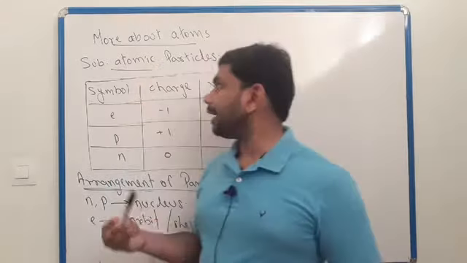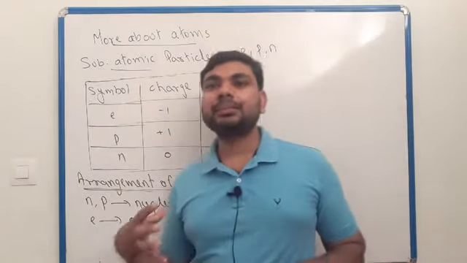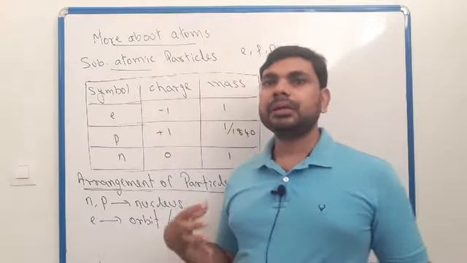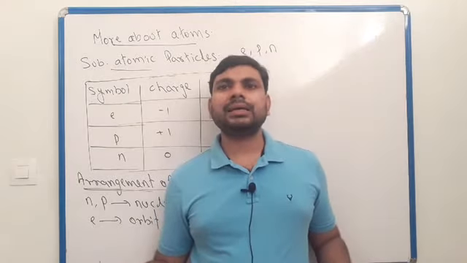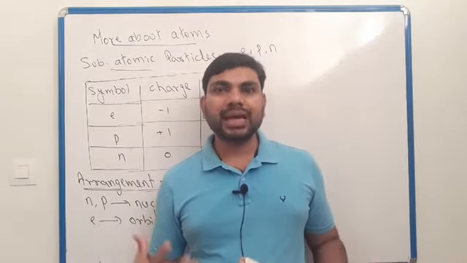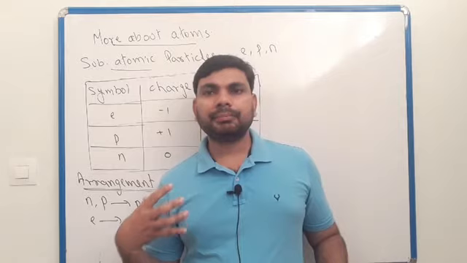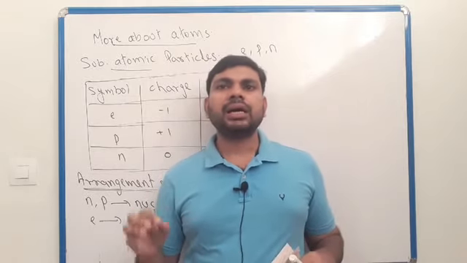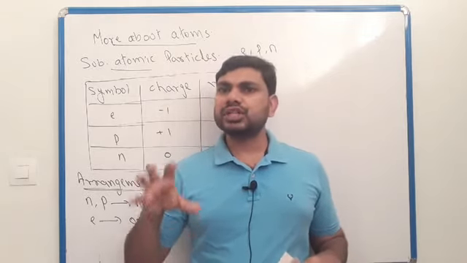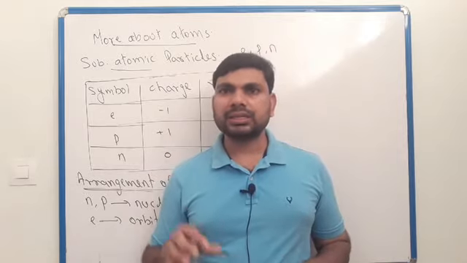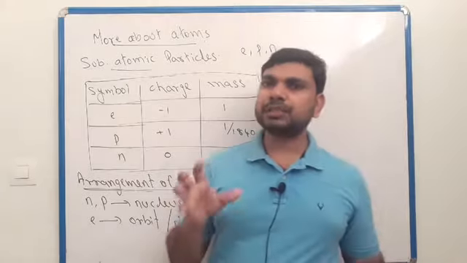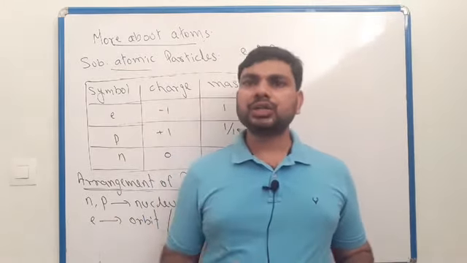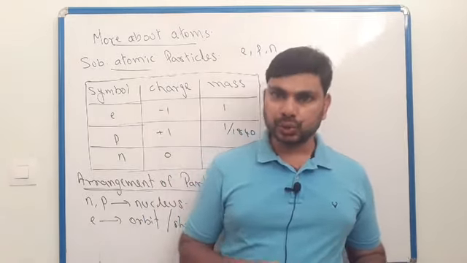After that we have to discuss subatomic particles. Further studies about atoms observed that atoms consist of subatomic particles. Subatomic particles means atoms consist of smaller particles such as electron, proton, neutron.